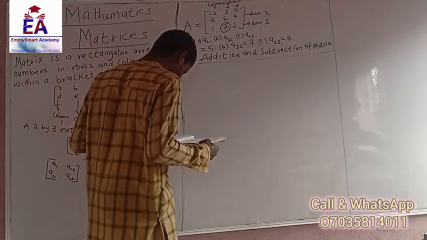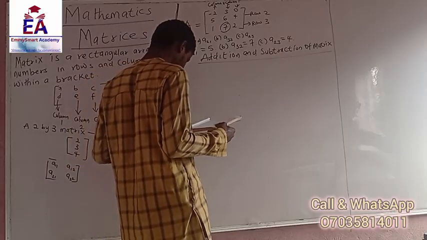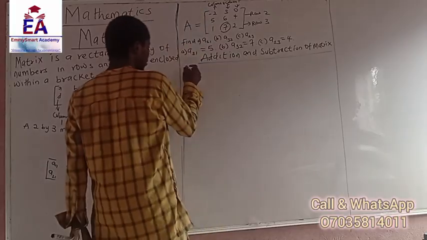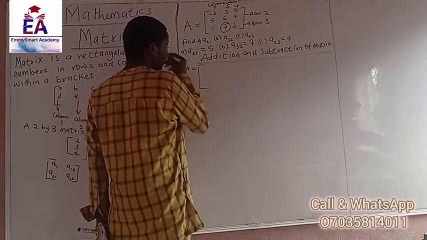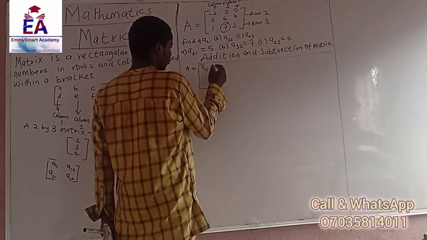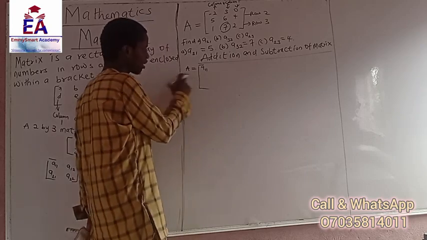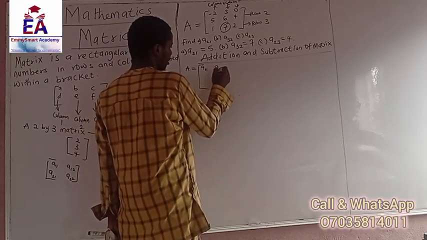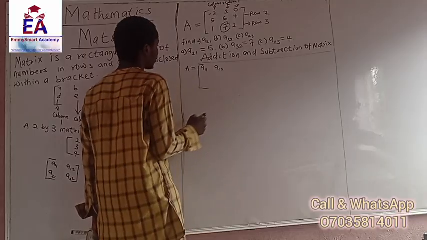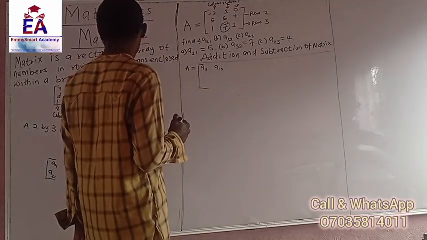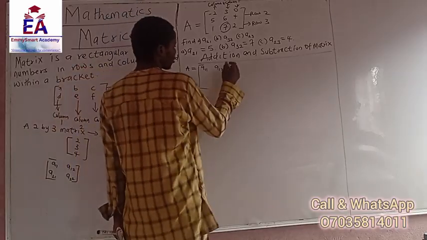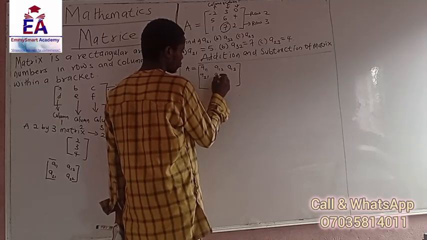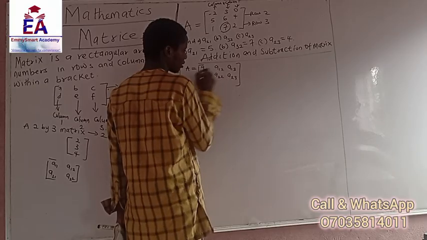Let's look at an example. If I'm to add two matrices, let's say matrix A is this: A11. Remember, this is the matrix, and these are the elements. The elements are written in small letters. A11, A12, A13, A21, A22, A23.